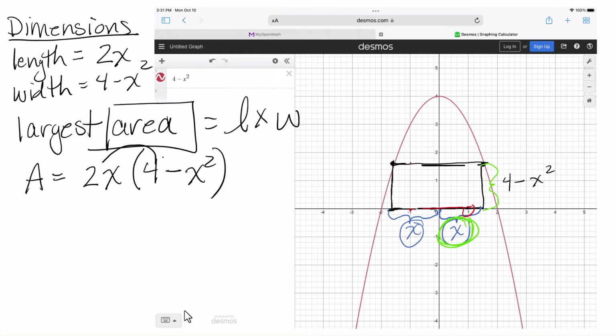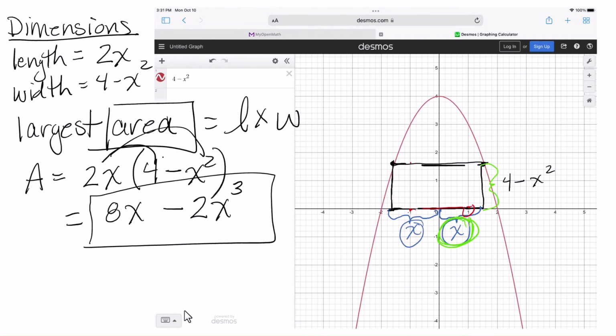We'll distribute that 2x, so we have 8x minus 2x cubed. Then you might be thinking, how are we supposed to use this to figure out where the area will be greatest?